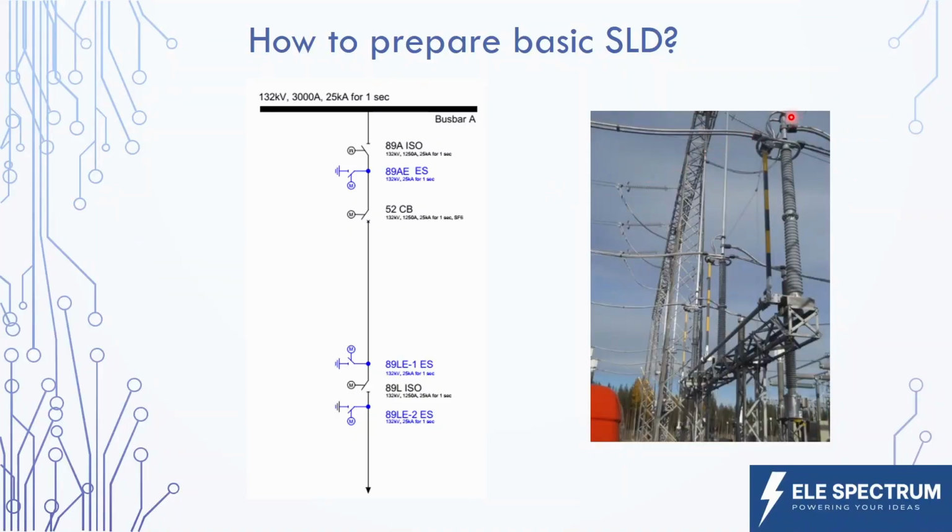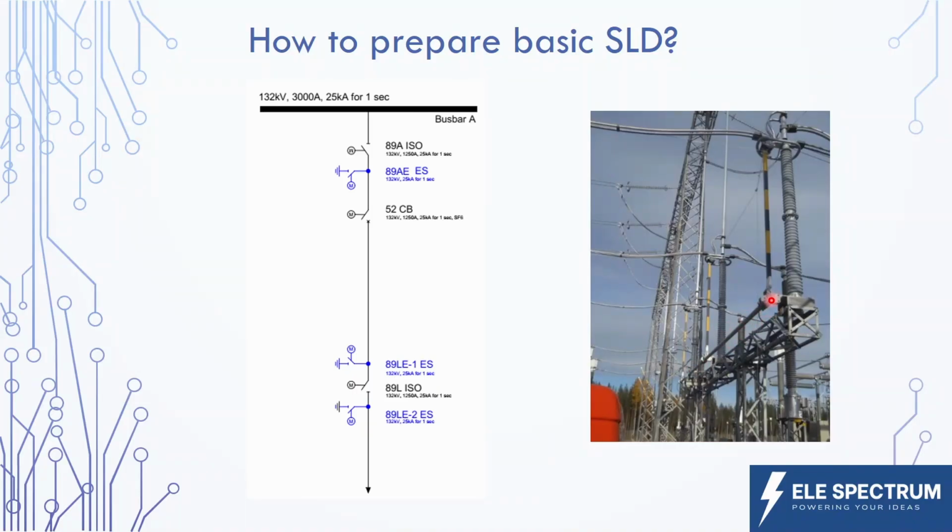As you can see here, this is a photo of an earthing switch for one phase. This is the continuous line of the circuit, and in front of that we have connected this earthing switch. This is the moving part of the earthing switch, which is the moving blade, and this is rotated with the help of this shaft.